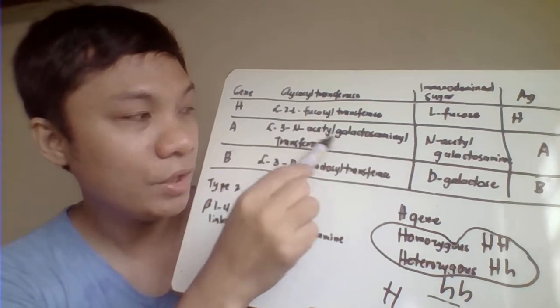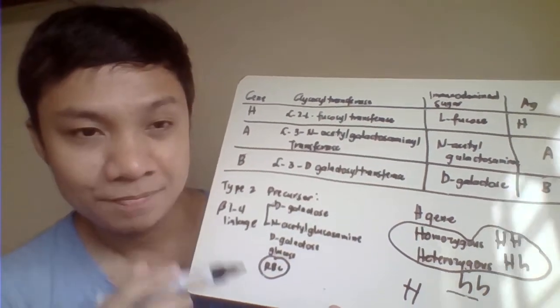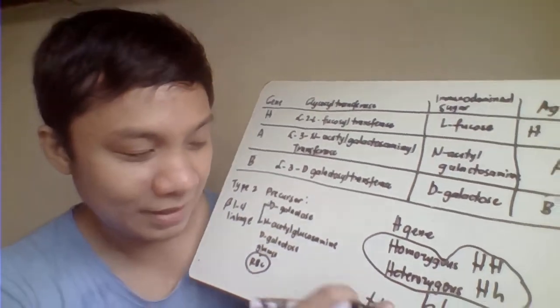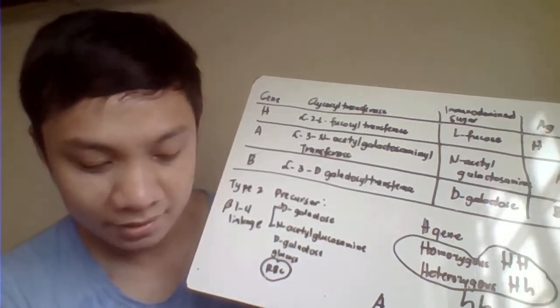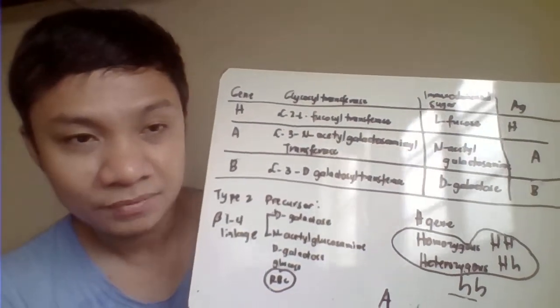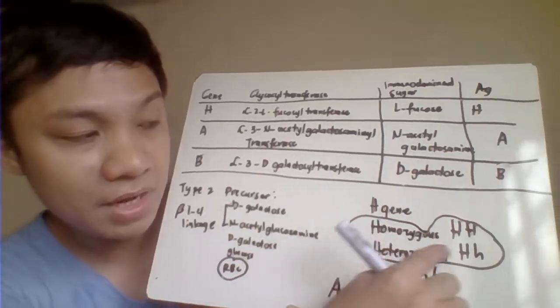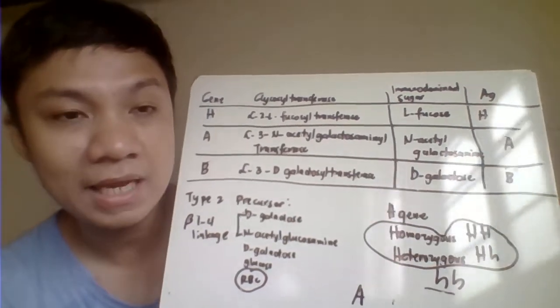Okay, that would add your N-acetylgalactosamine here. So, what happened? Again, if you're type A, number 1, you need the H gene. Your H gene should be homozygous for the H, two capital H, or heterozygous for that H, one capital and one small.